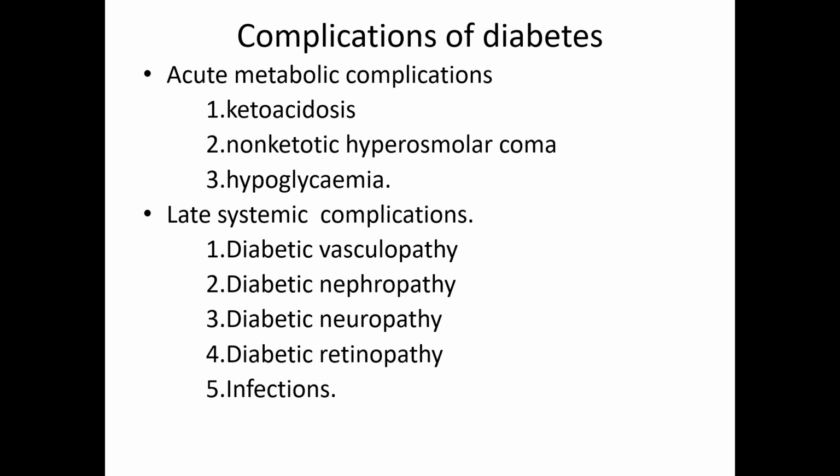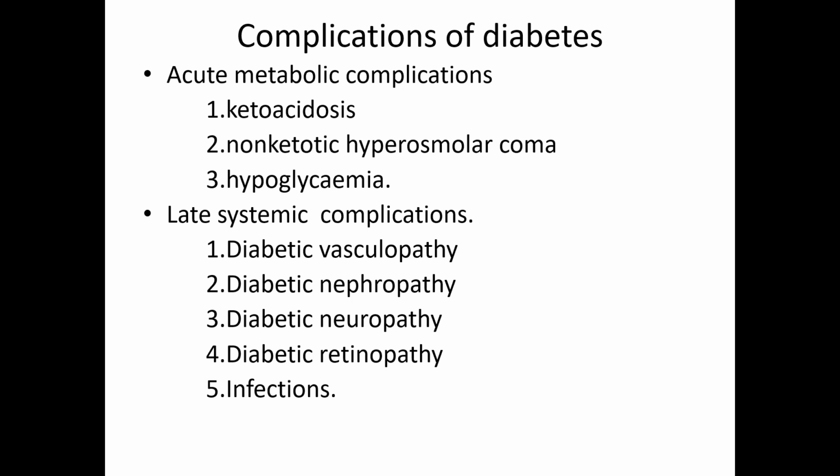And late systemic complications are diabetic vasculopathy. Diabetes causes changes in the blood vessels. Diabetic vasculopathy changes the structure and functions of kidneys. So renal complications are described as diabetic nephropathy.